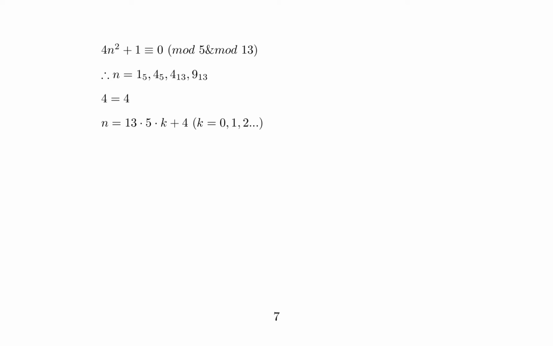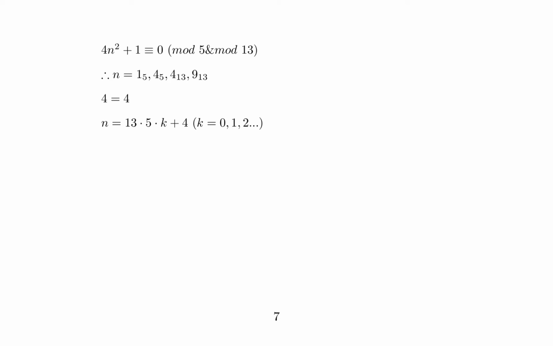So we can find that n must be equal to 1 or 4 mod 5, and 4 or 9 mod 13. Given that 4 is equal to 4, we can write n as 13 times 5 times k plus 4. So it has remainder 4 both when divided by 5 and when divided by 13. That's 65 times k plus 4.